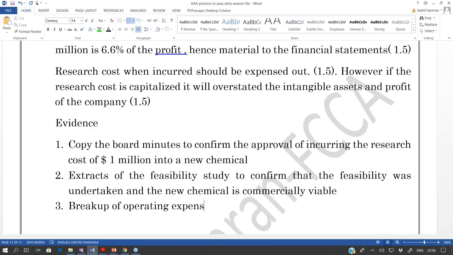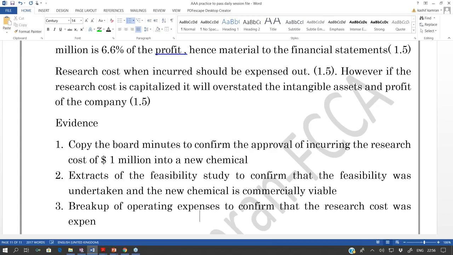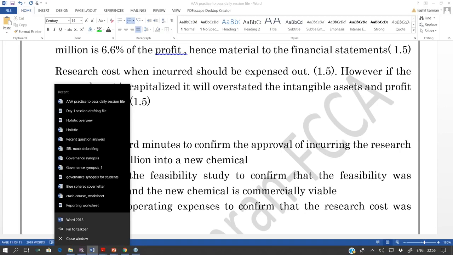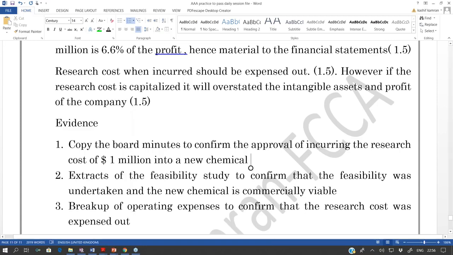Yes, I can even take a copy of the bank statement, right, to confirm the outflow of $1 million. But see, where are we standing? So much productive 8 marks.